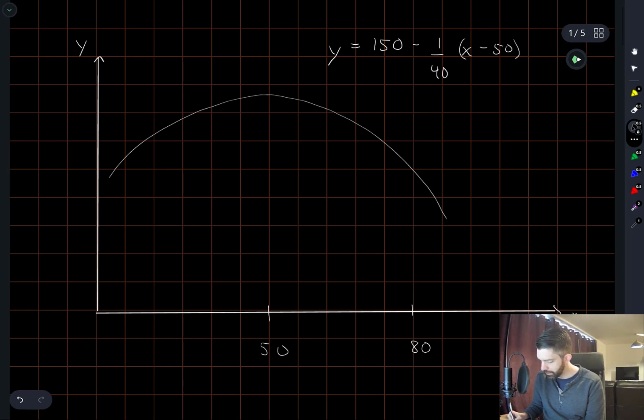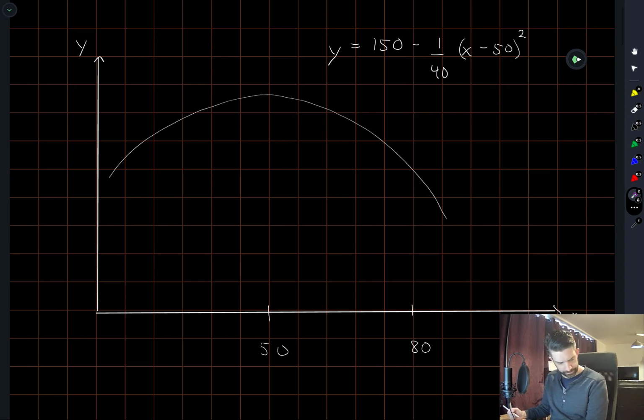So we know that it's a parabola, we know it opens downwards, and it's centered at x equals 50. We just need to compute the length of this arc for values of x between 0 and 80.